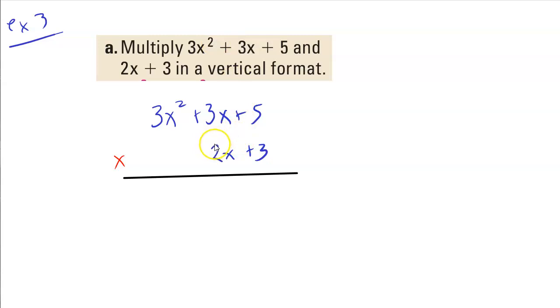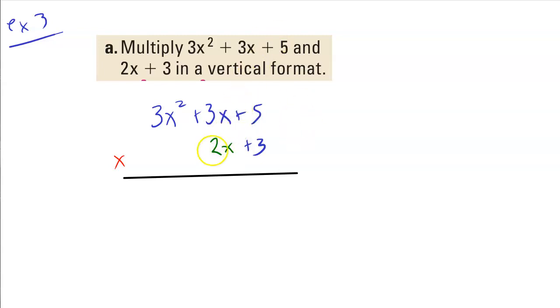So what I'm going to do is take the second row right here, take the first term of the second row, and essentially multiply this first term in that second polynomial by each term above it, right? So I'm going to take 2x times this, 2x times this, 2x times this.